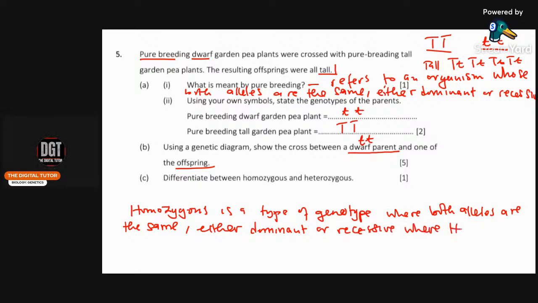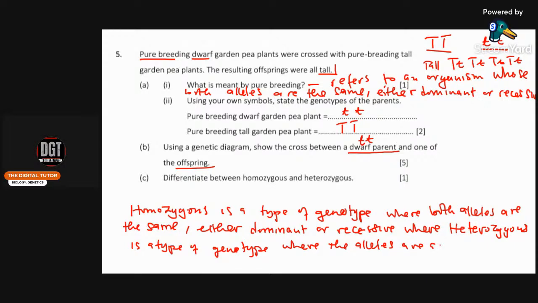whereas heterozygous is a type of genotype where the alleles are different.